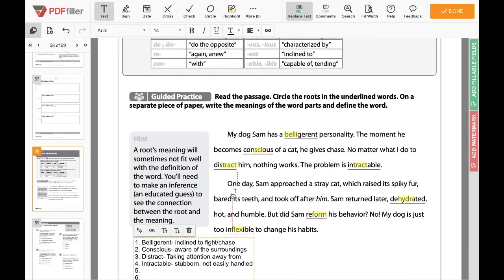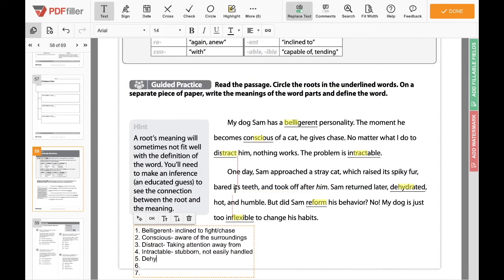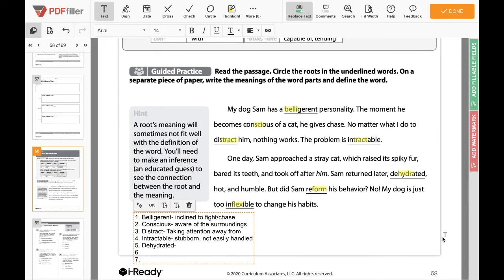So now we have dehydrated. Well, we talked about this one in the introduction. We know that the HYDR has to do with water. D means opposite. So if you hydrate someone, you are giving them water. If you're dehydrated, you are without water. That one was pretty simple because we kind of already talked about it. So now we have reform.